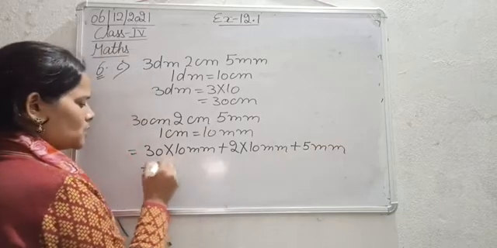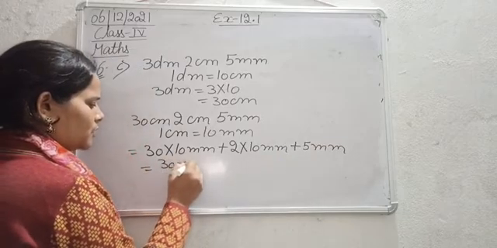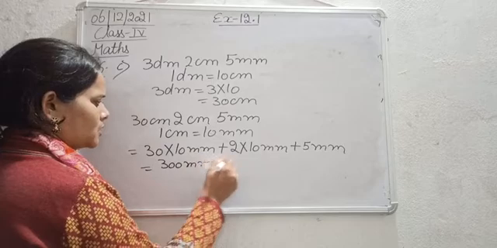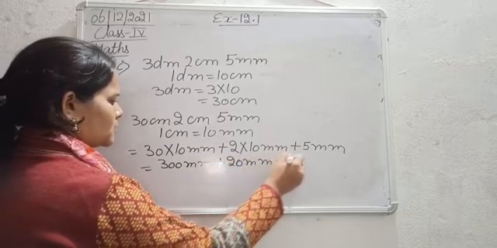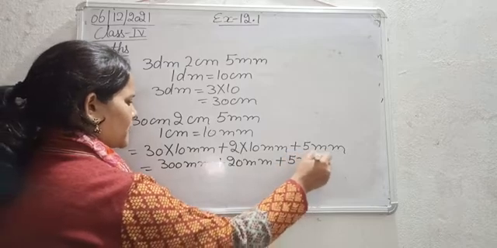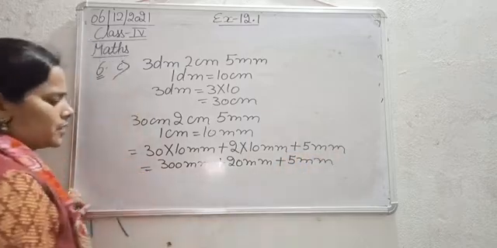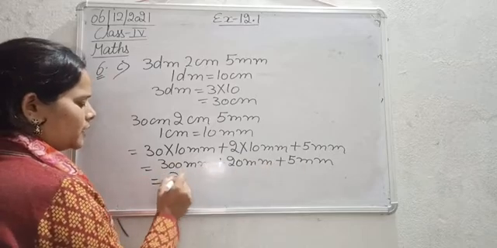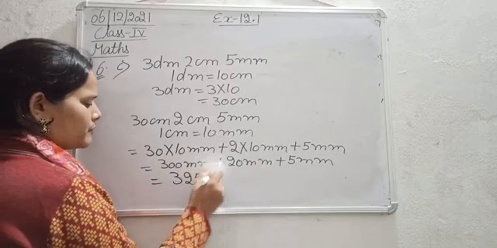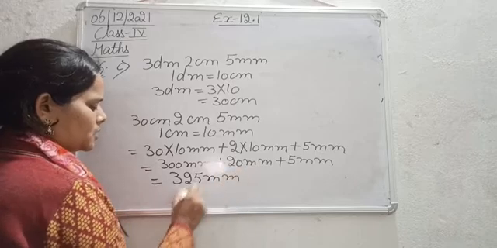This is 300 millimeter plus 20 millimeter plus 5 millimeter. 300 plus 20, 320 plus 5, 325 millimeter.